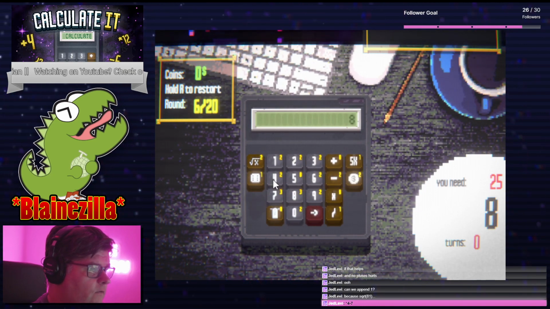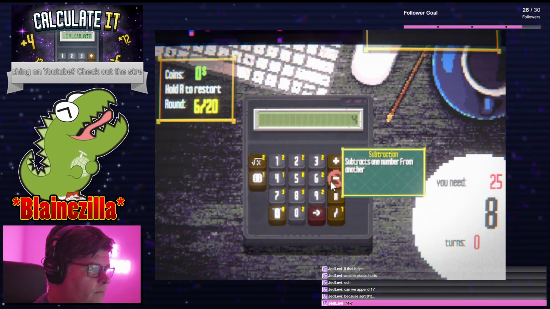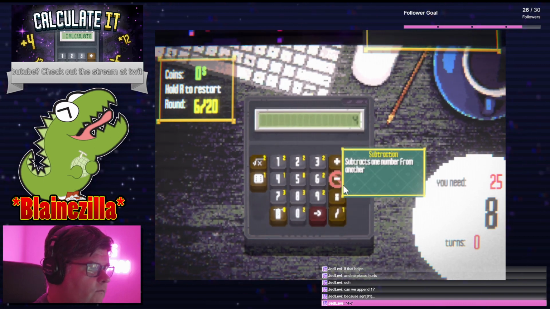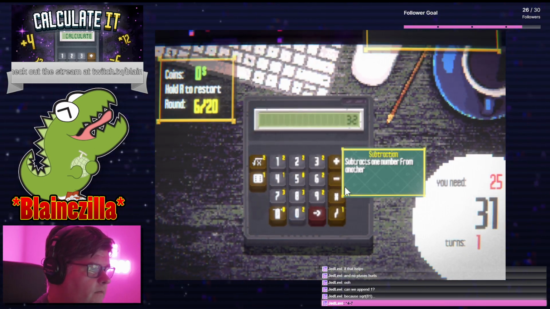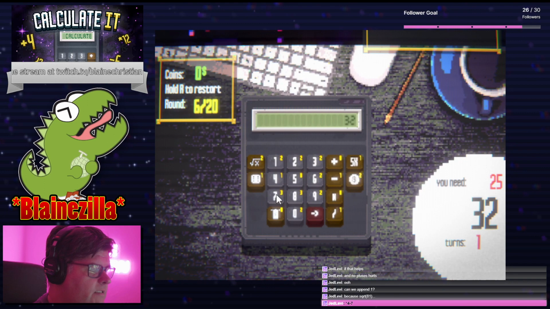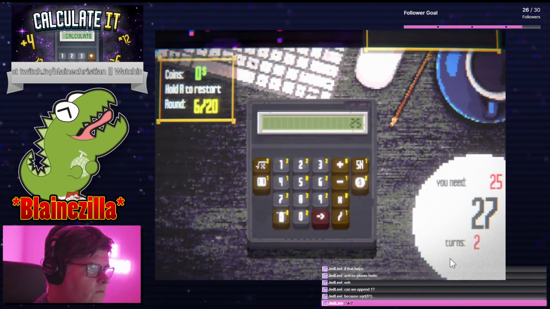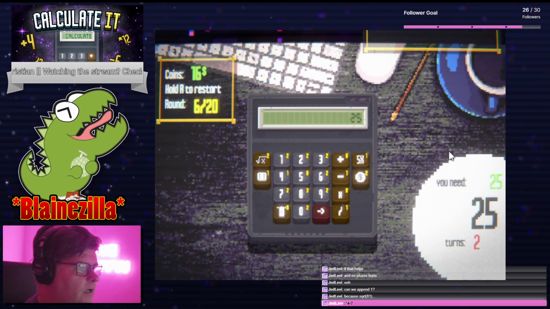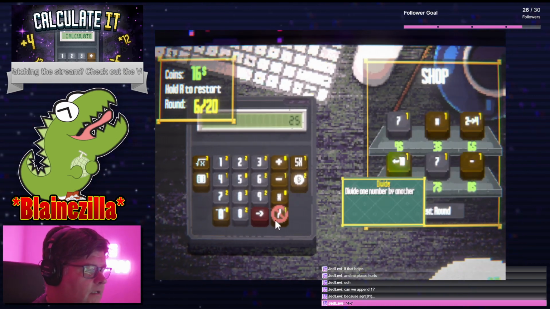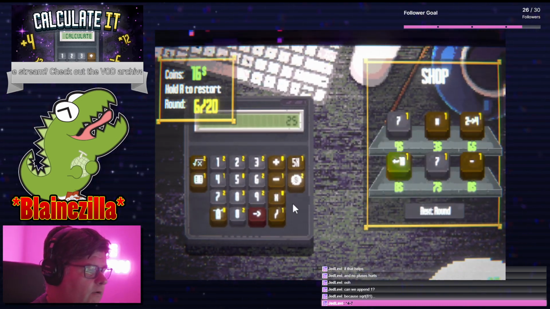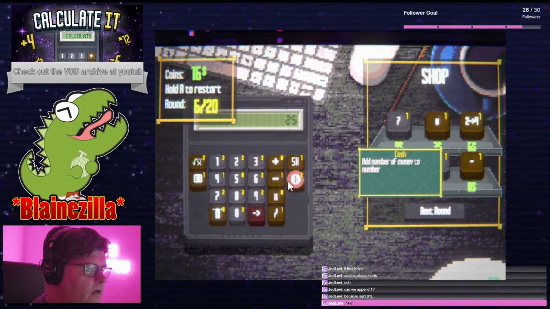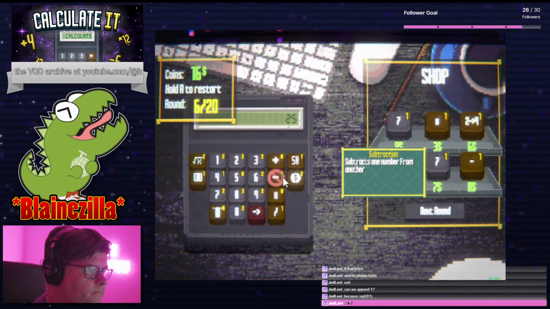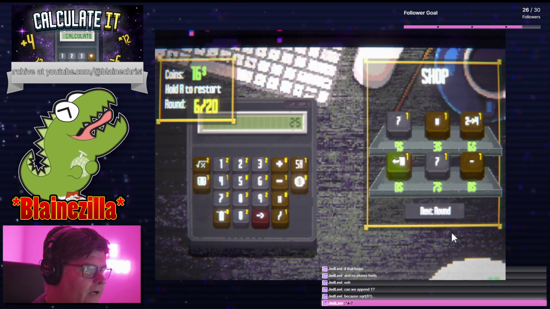Times 4 minus 7 equals. Alright. $16. Come on. We could use a plus. All of our moving right on the number line are gone. We can move left and we can go half the distance to the goal.